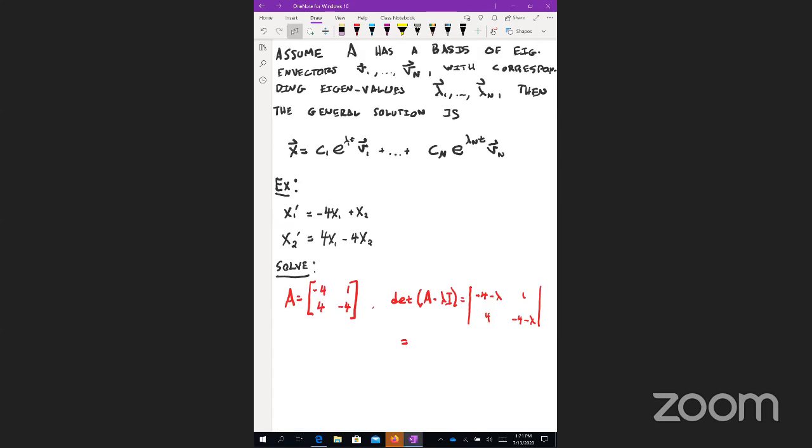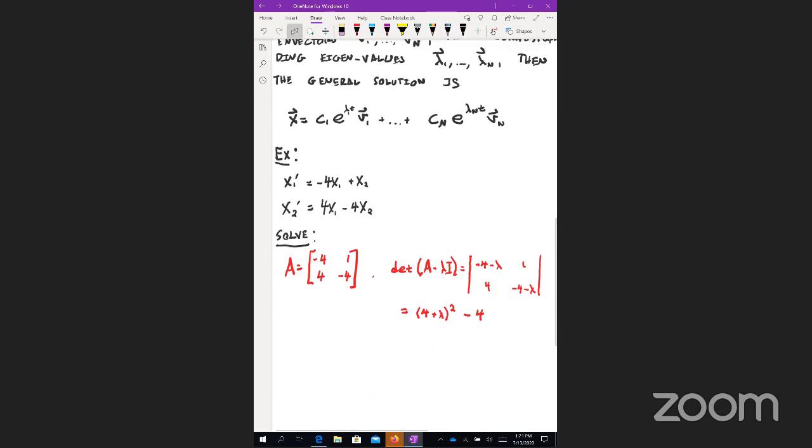This is going to be 4 plus lambda squared, right? The determinant is A11 times A22 minus A21 times A12, so minus 4.